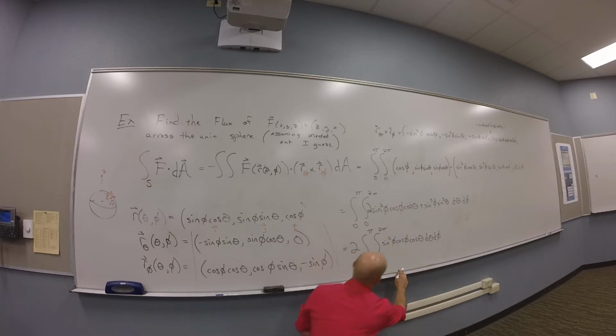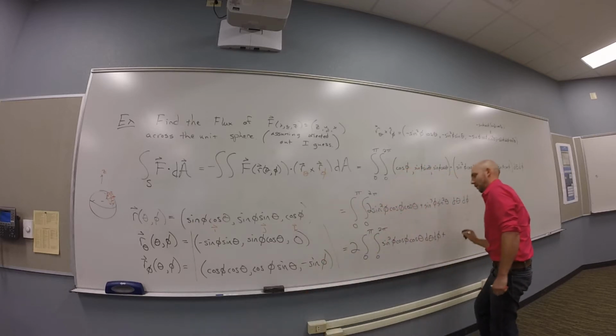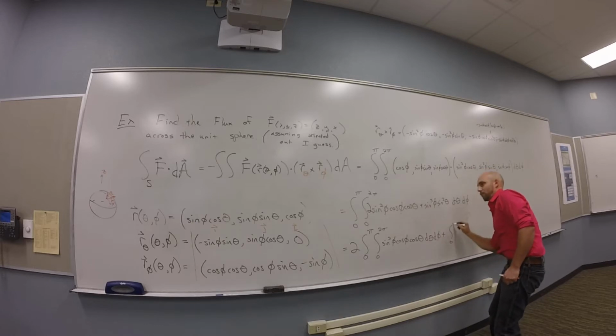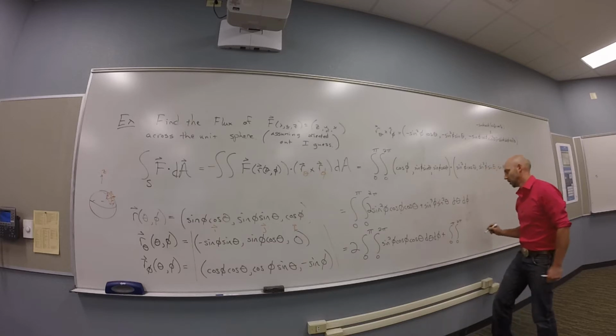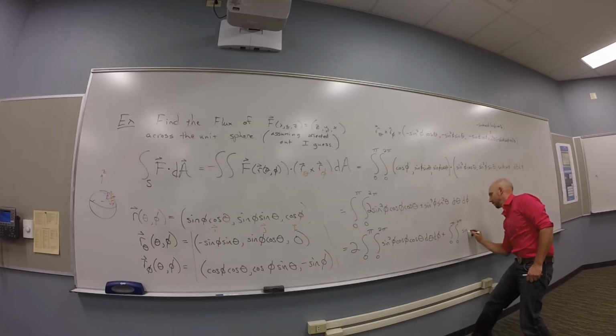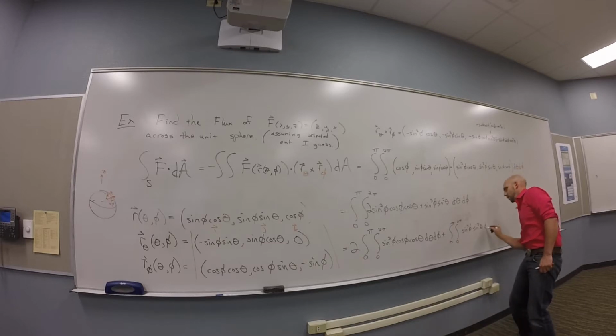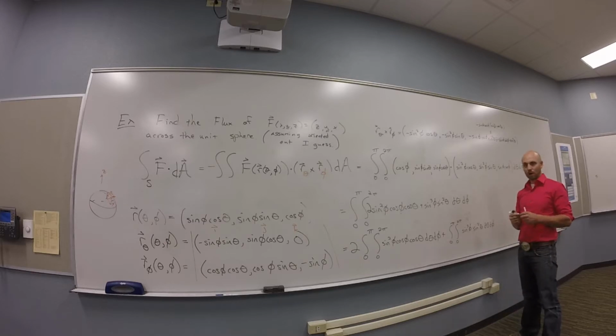So that's my first thing, and then I have plus the integral from 0 to pi, integral from 0 to 2 pi of sine cubed of phi sine squared theta d theta d phi. Can the camera see that?